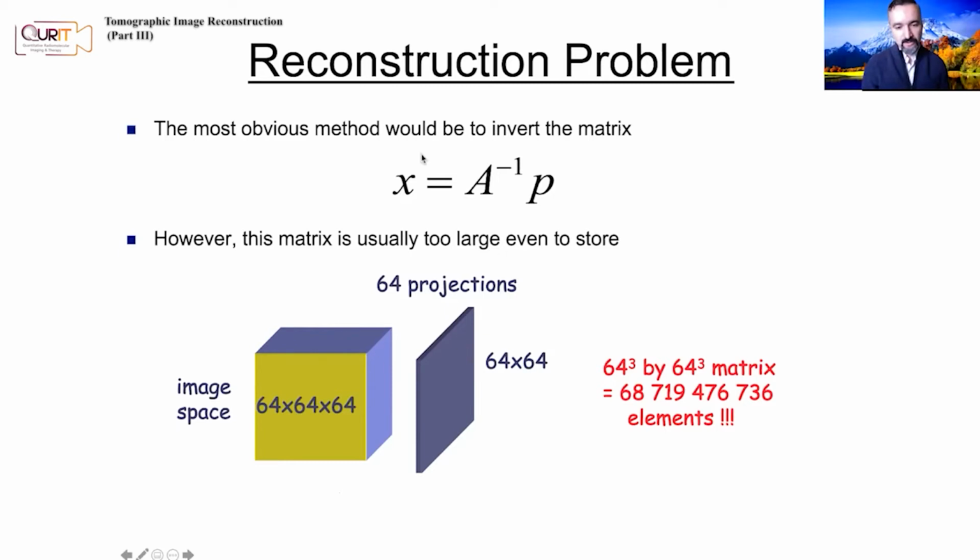So the size of your projection is 64 by 64 at 64 angles, so this is 64 cubed, and your image reconstruction matrix is 64 cubed. So this thing is a matrix that is 64 cubed by 64 cubed, okay? That's a massive system matrix, right?